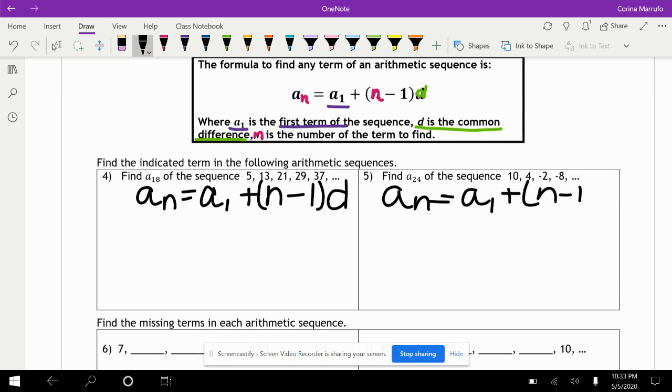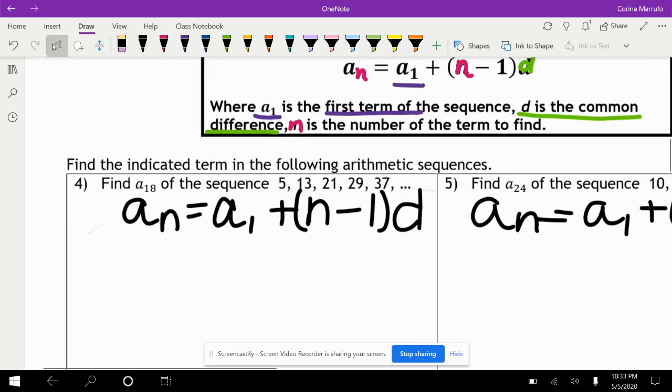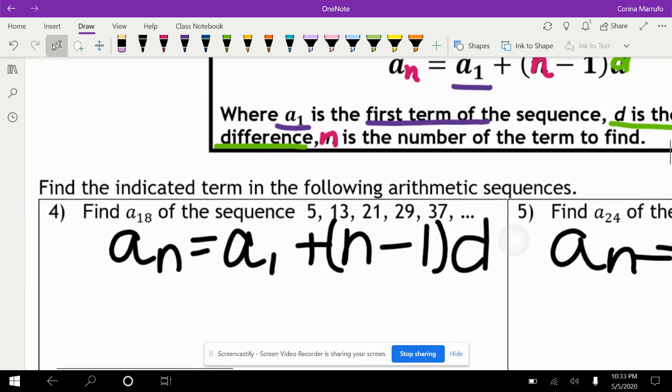Plus n minus 1 times d. All right. So if we look here, it says find the 18th term. So since they tell us they want us to find a sub 18, that means that they want our n to be 18. We're looking for the 18th number.